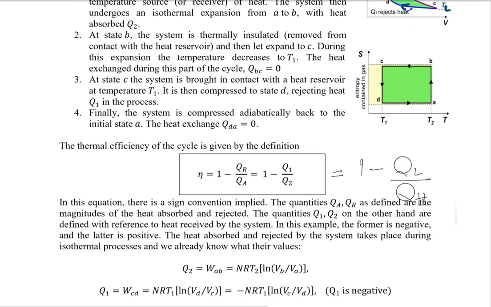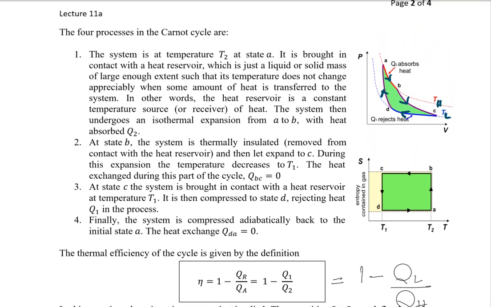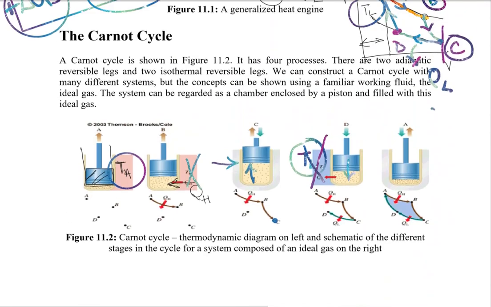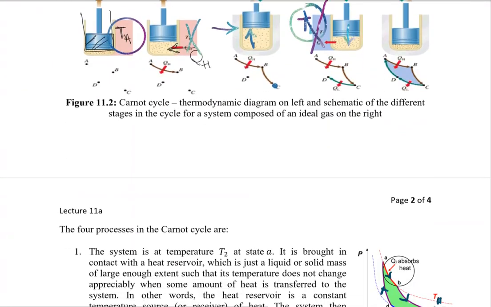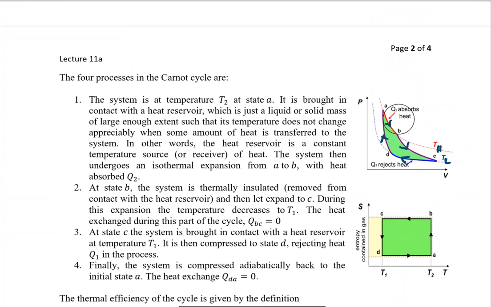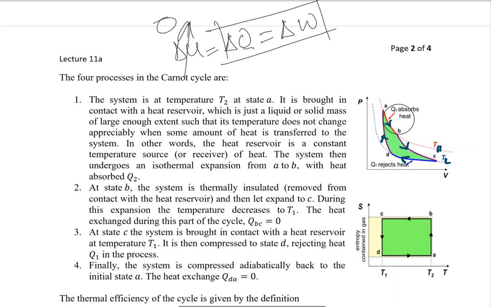Now, looking at the individual legs or individual processes, there was a process from A to B, which was the isothermal process. In isothermal process, as we have done a little bit earlier for the first law of thermodynamics, change in internal energy is equal to heat supply minus work done. During the isothermal, there is no temperature change, so the change in internal energy would be equal to zero, and the heat supply would be equal to the work done.